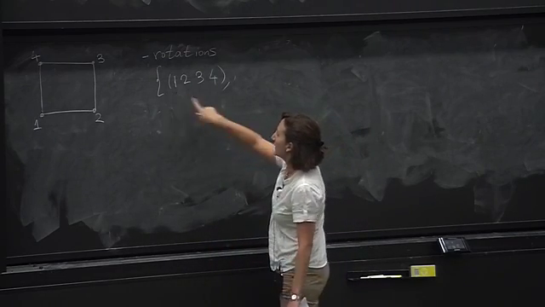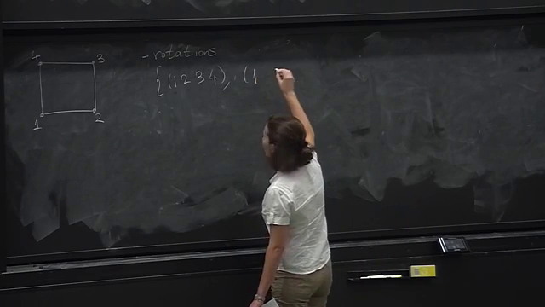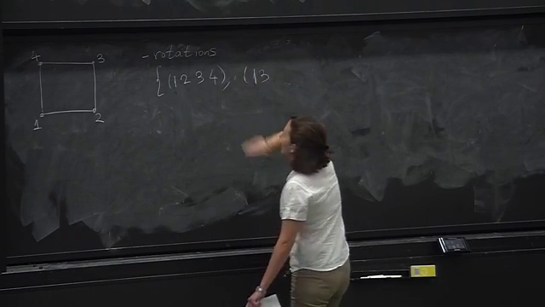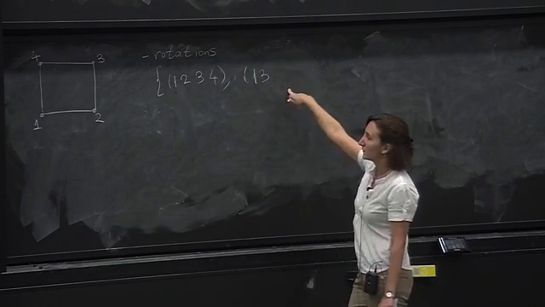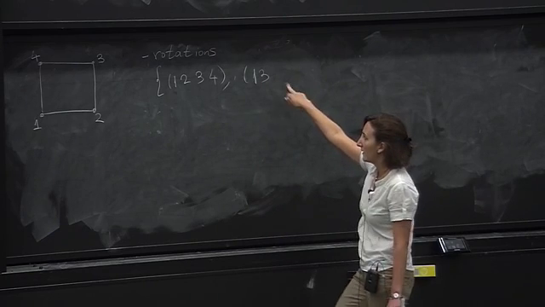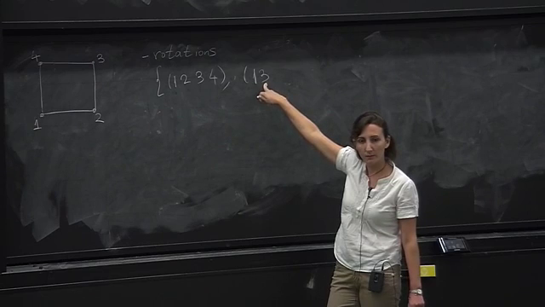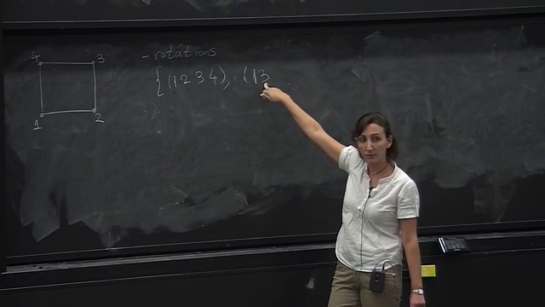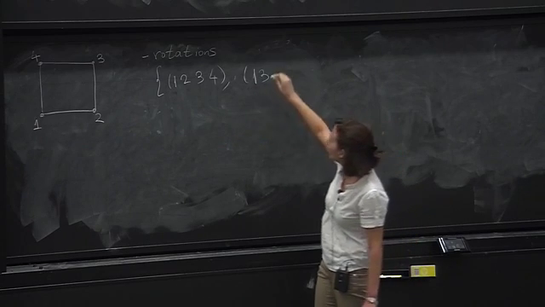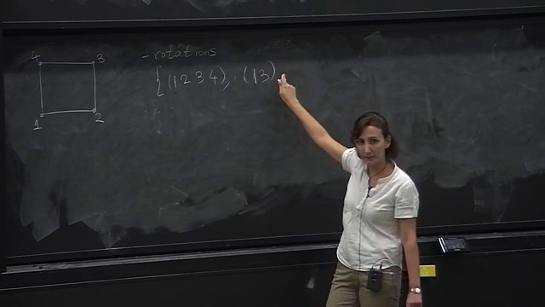And if I apply this twice, I'll get 1 going to 3, and then 3 goes to what? To 1. So I can close this cycle here.